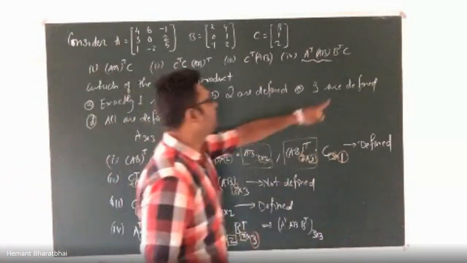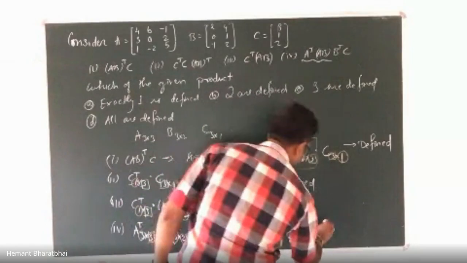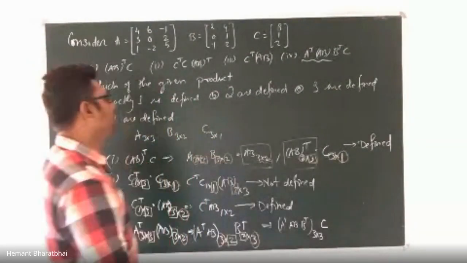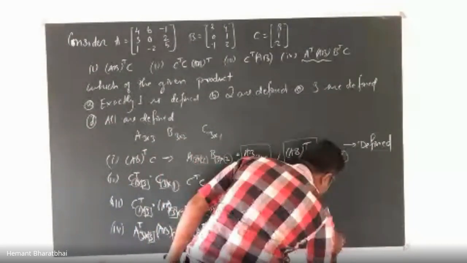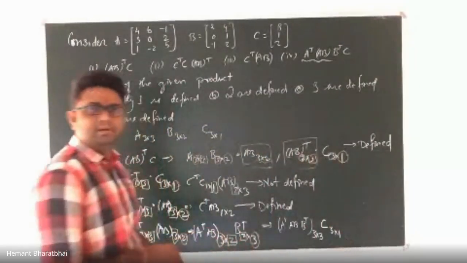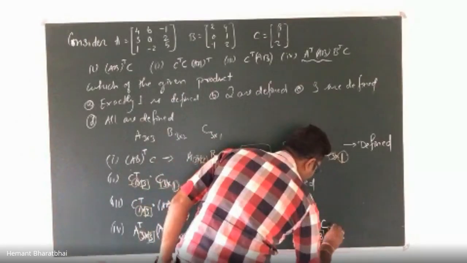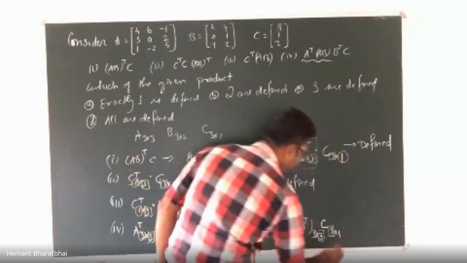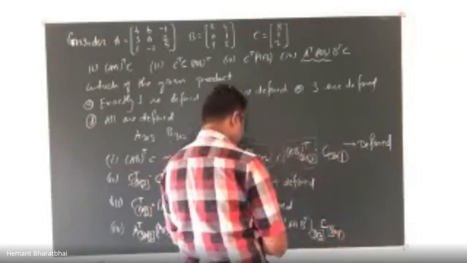This entire matrix is now getting multiplied with C, and the order of matrix C is 3 by 1. So this will be 3 by 1. The number of columns of first should be equal to number of rows of second. So yes, both are equal. Therefore, the resultant matrix will have order this.